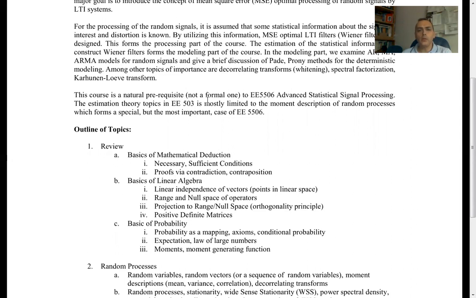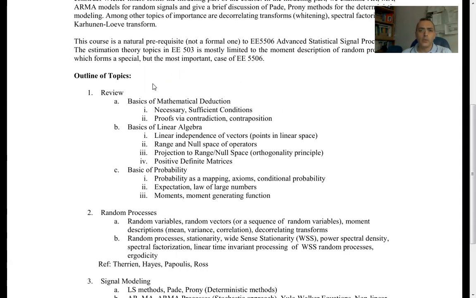If you are only interested in statistical signal processing as a minor topic, or you are not interested in further details, you can only take this one. But if you are interested in, let's say, the PhD research level, then you would be recommended to take both of these courses.